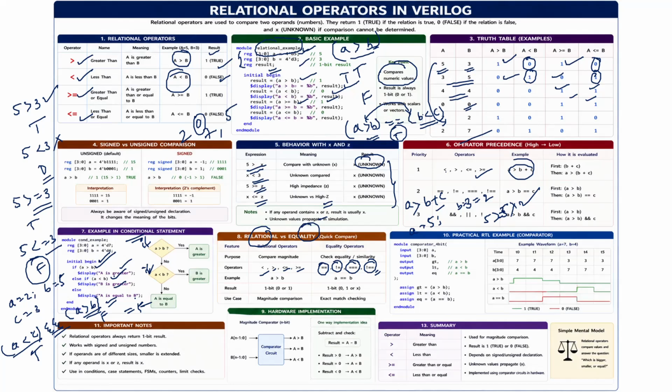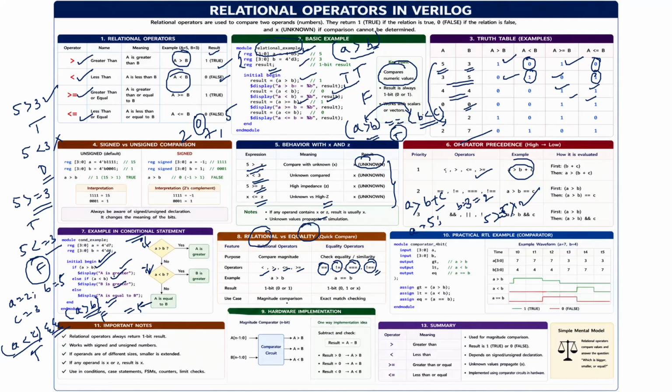Because we are applying relational operators, in between that we can also apply some arithmetic operations, logical operations, and equality operators. All the operators we can apply with relational operators.